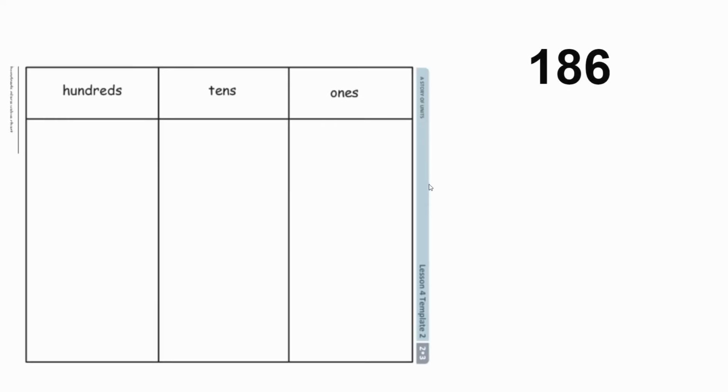Let's look at this number, 186. The value of 1 here is 100. 8 is 80 and 6 is 6. Now I'm going to model it with place value disks.